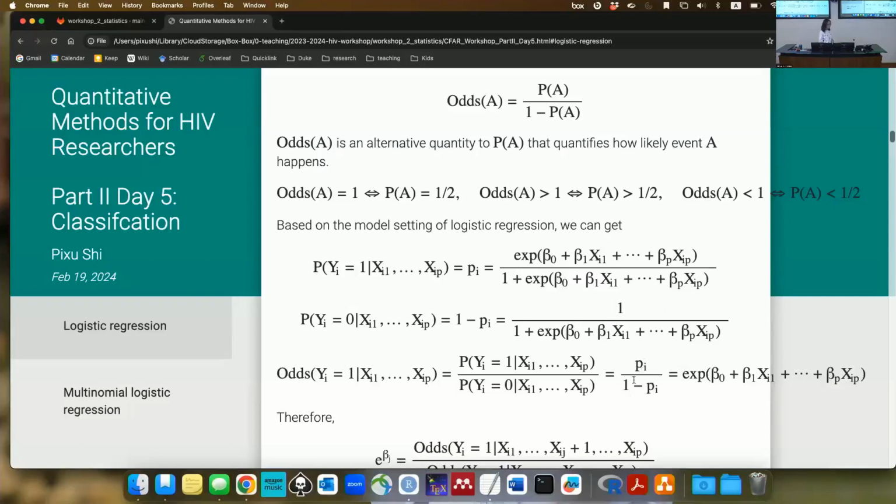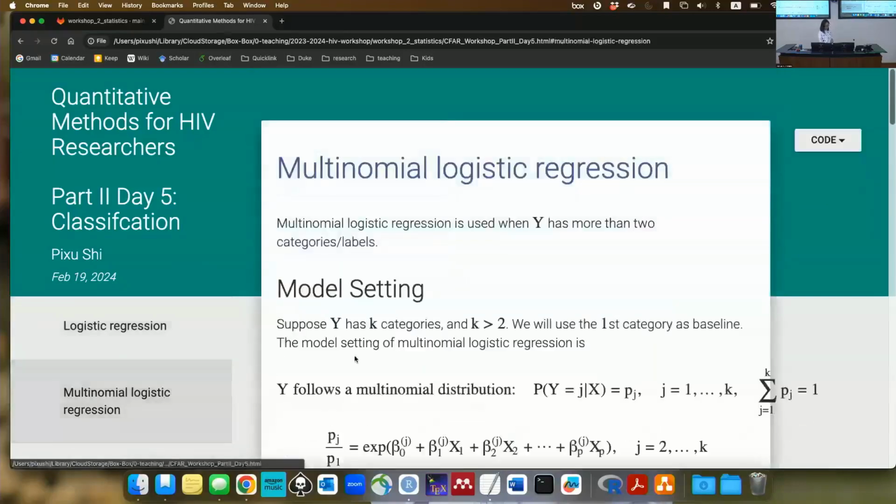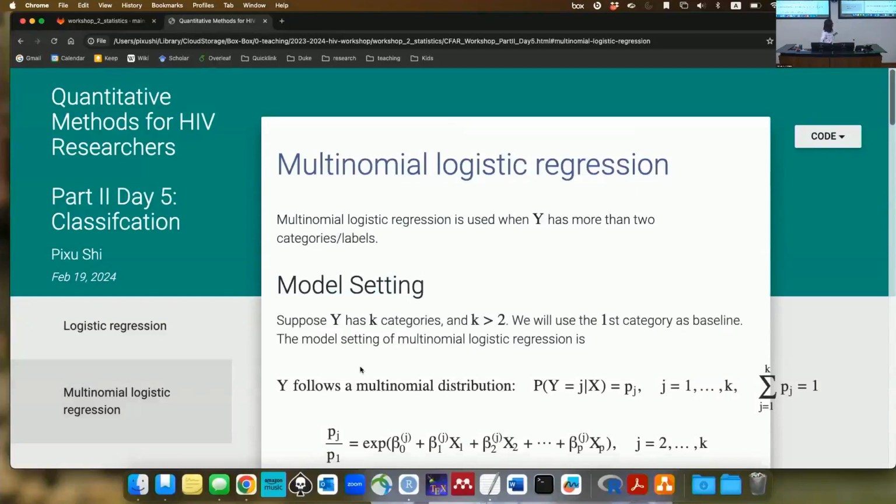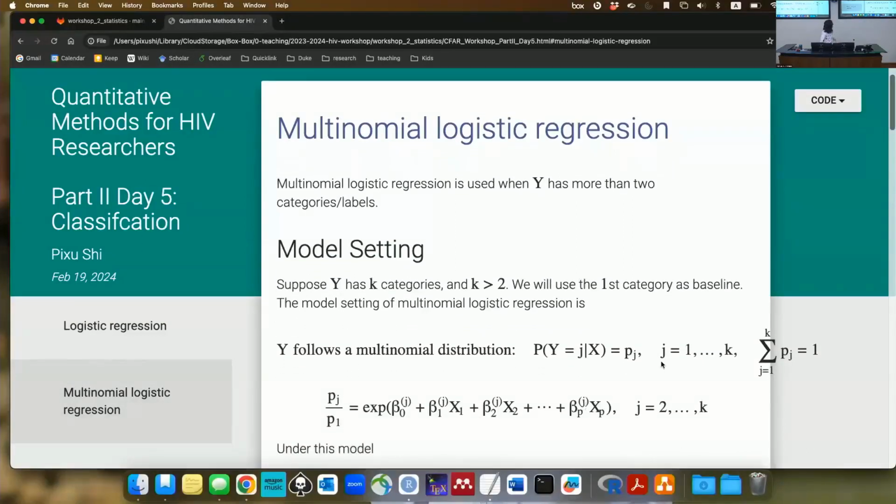And when you have multiple labels, it's the same logic. You will be choosing one of them as the baseline label and then model the probability of each other label over this baseline label. So here, suppose we have K classes, K categories, and this K is going to be larger than 2.